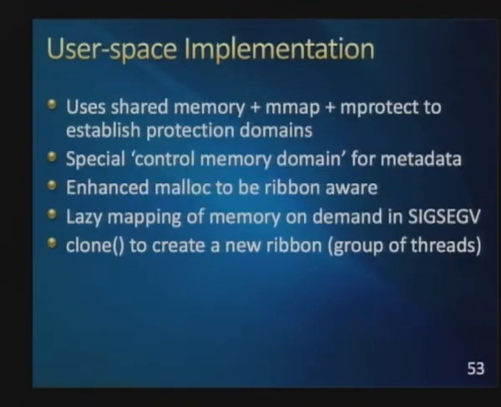We're using regular operating system virtual memory manipulation commands, mmap, mprotect, munprotect, to establish these protection domains. We also have our own area of the virtual address space for our metadata, which we attempt to isolate apart from the rest.